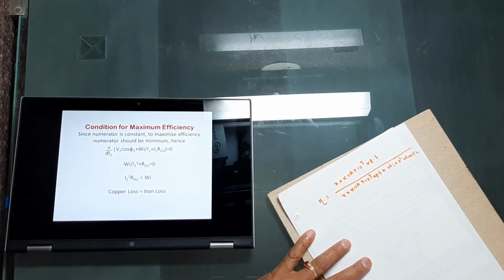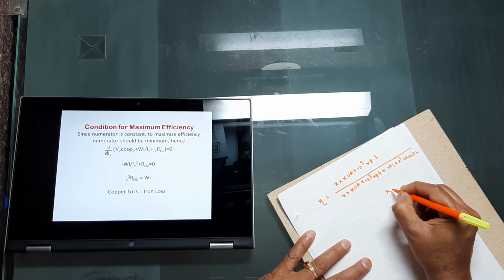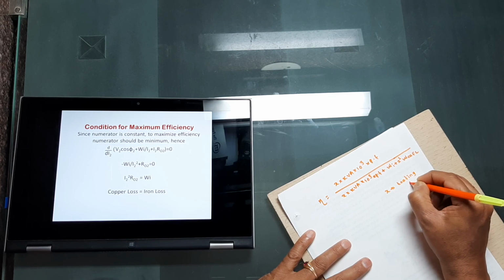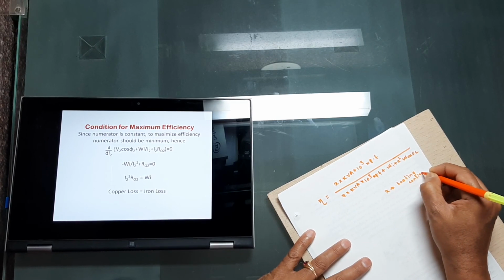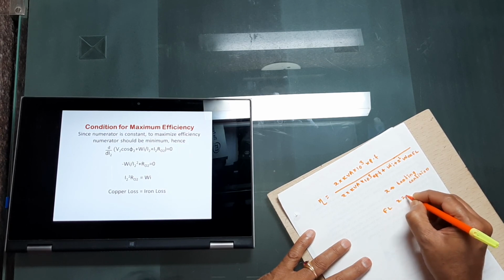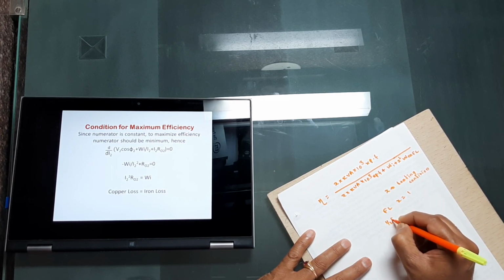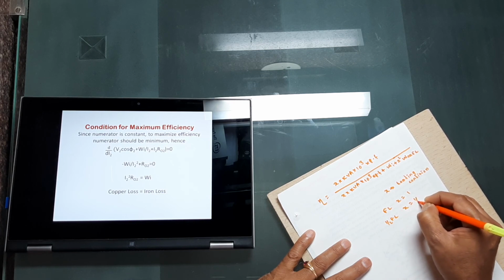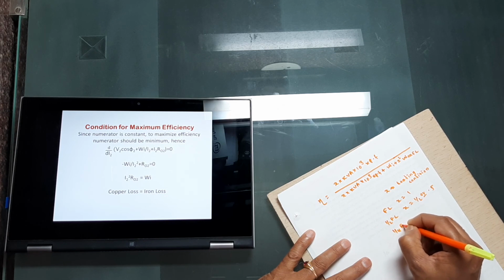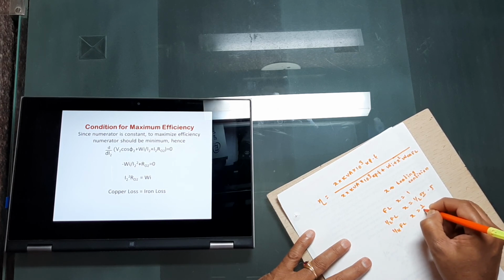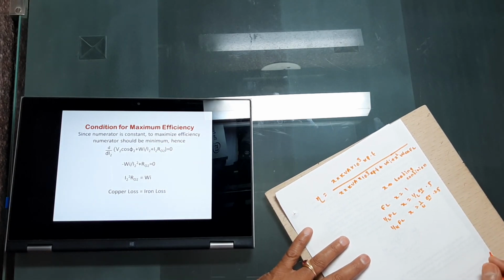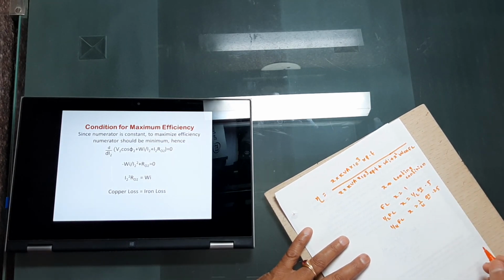This is the formula we are using, where x is the loading condition. For full load, x is equal to 1. For half load, x is equal to half or 0.5. Similarly, for 1/4 full load, x is 1 by 4 or 0.25, and so on. And the power factor is a given quantity.